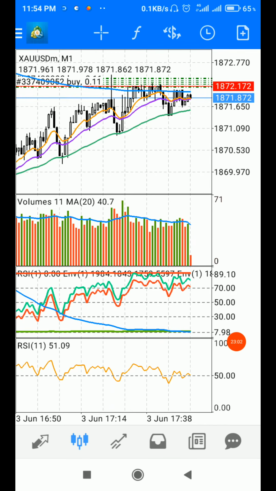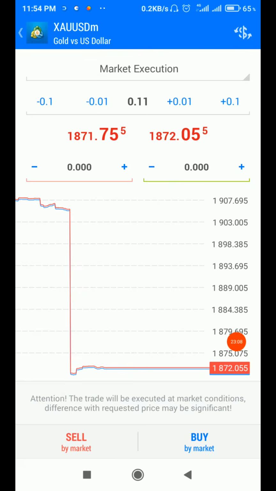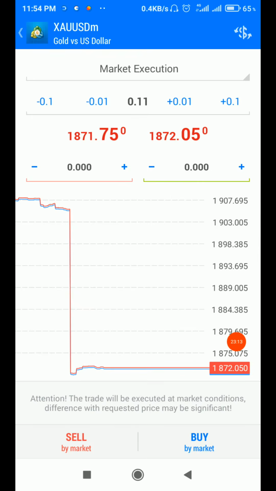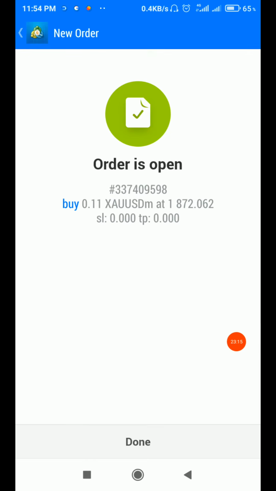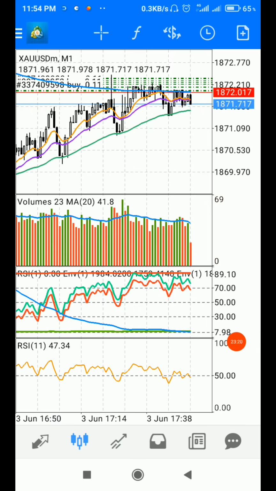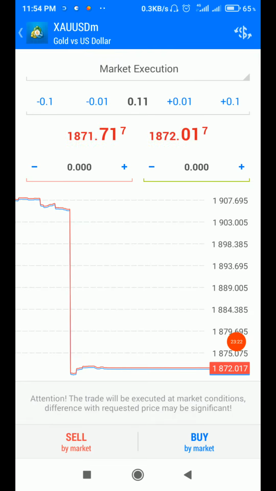Right at this moment, price is now fluctuating here, so we can take more entries.